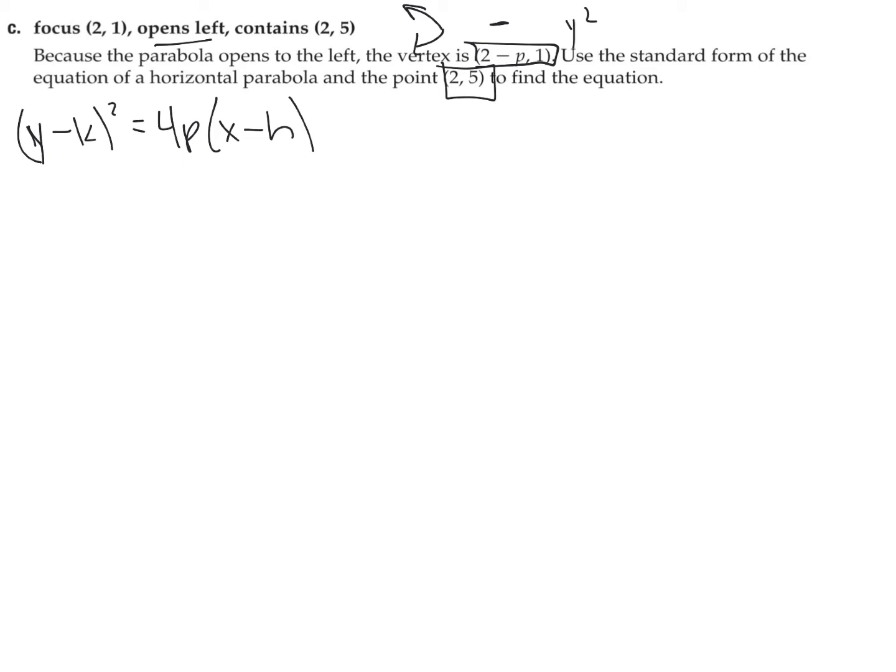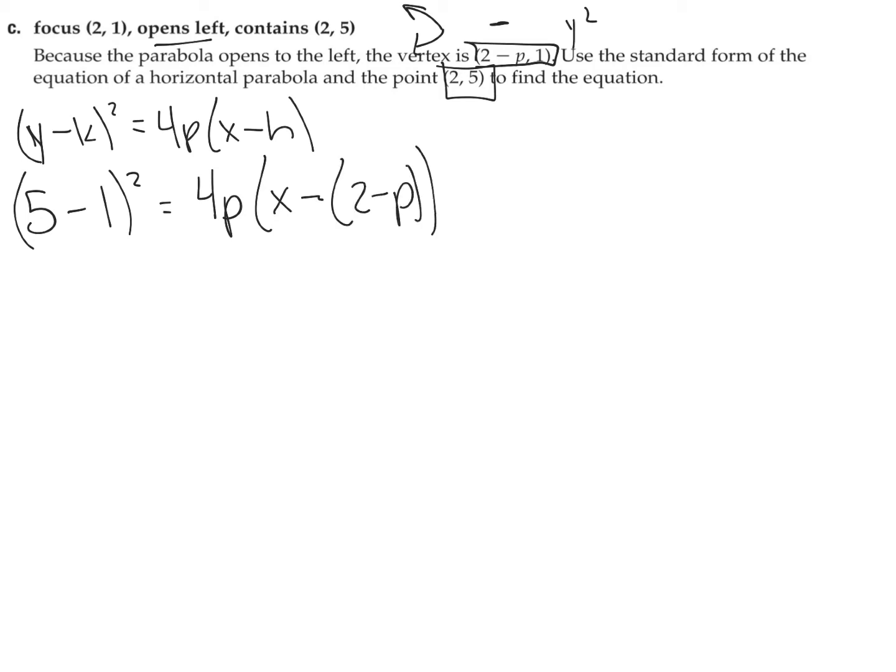So y minus k, so 5 minus 1 squared equals 4p, we don't know p, times x minus 2 minus p. And that's actually, the x value is 2 because it's in that point. So this one's on the more challenging side.